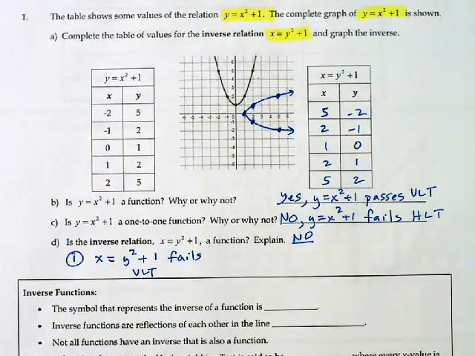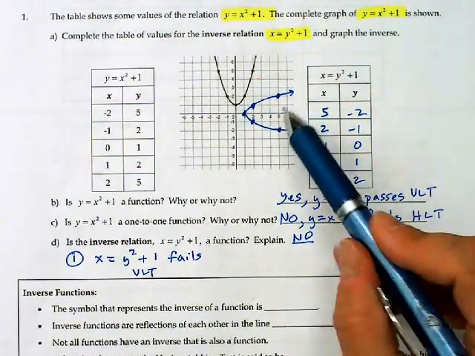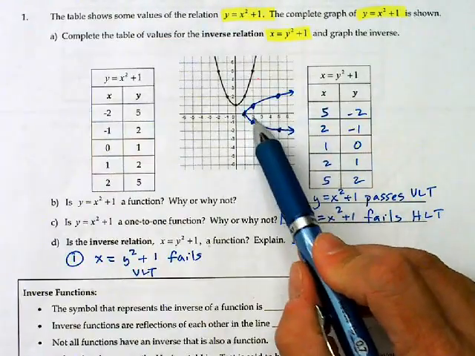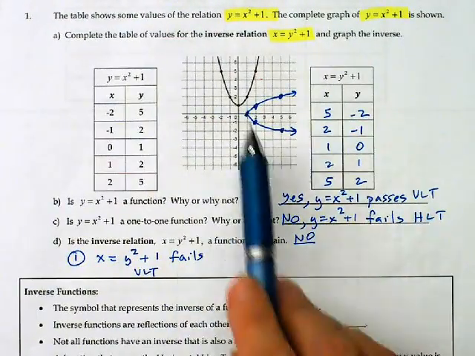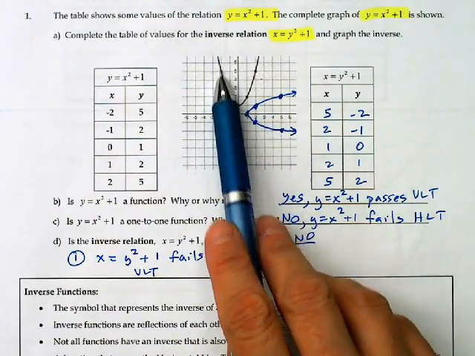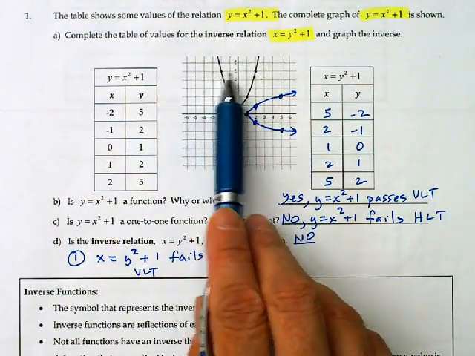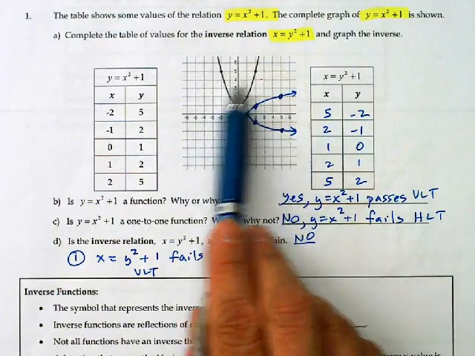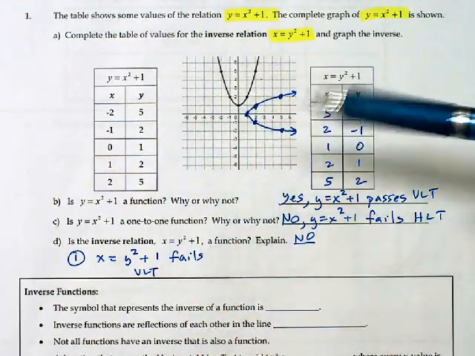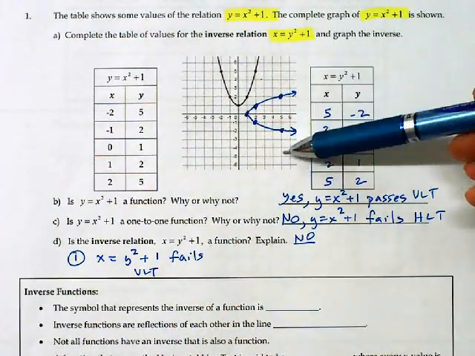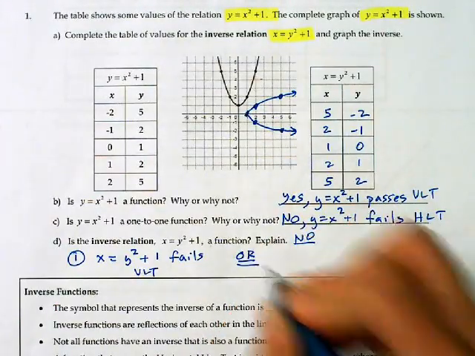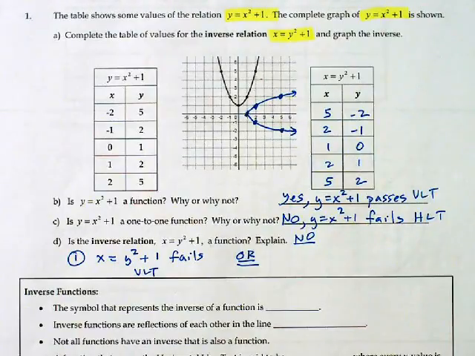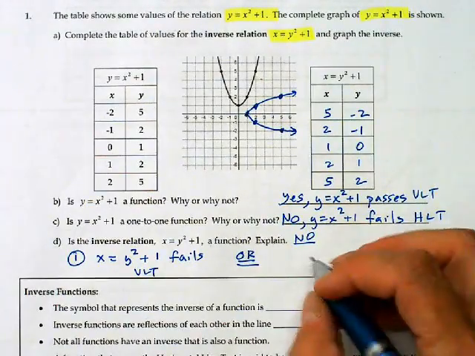Well, listen, gang, it's not always going to be convenient for us to draw the inverse and then apply the vertical line test. So perhaps a shorter way, if you're only pondering the graph of the original, is to realize, well, if this guy fails the horizontal line test, its inverse is going to fail the vertical line test. That's always going to happen: whenever one fails, the other fails, and they just go in a pair like that.